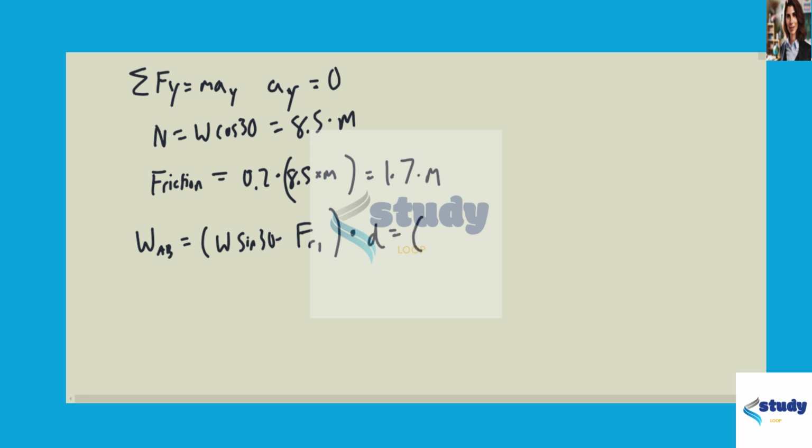So you can simplify this down to mg sine 30 minus 1.7 m, which is the frictional force we found earlier. You multiply that by 6, which is d, and then we should get 19.23 times m.